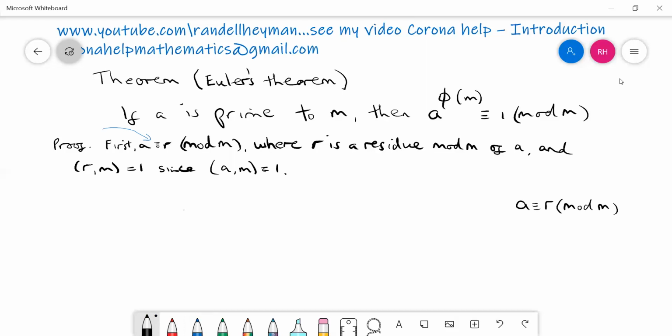A might be 77 and M is 100, for example.